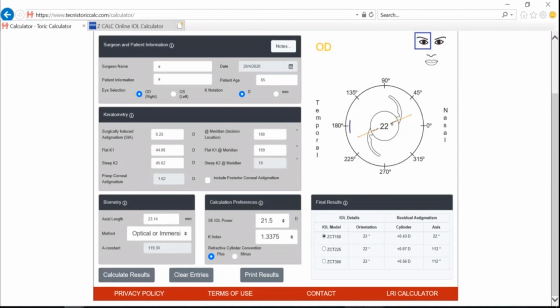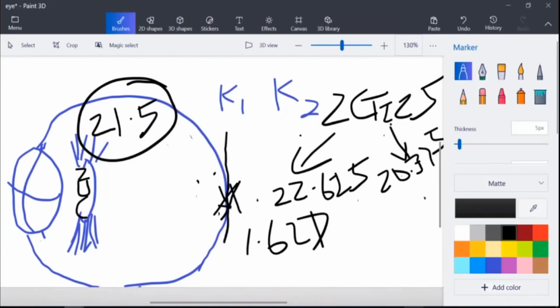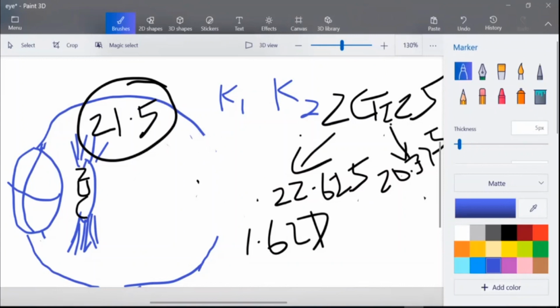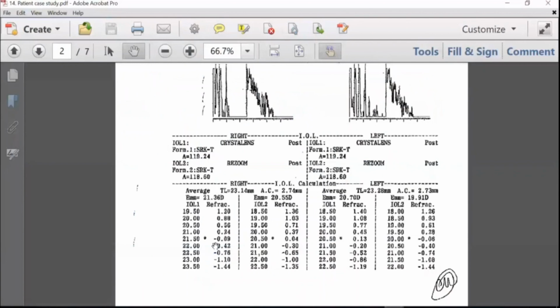If we look at the result here, remember we chose the spherical equivalent power, 21.5 diopters, but the result is minus 0.09.